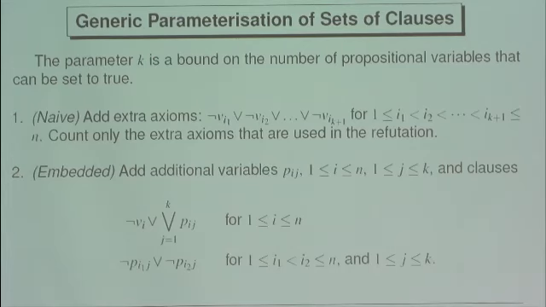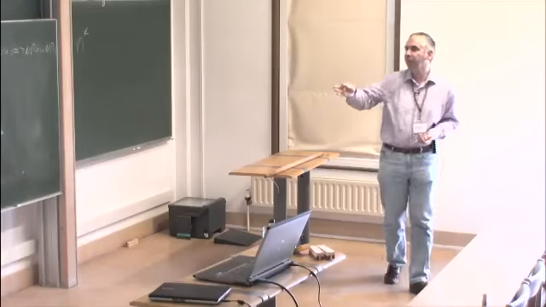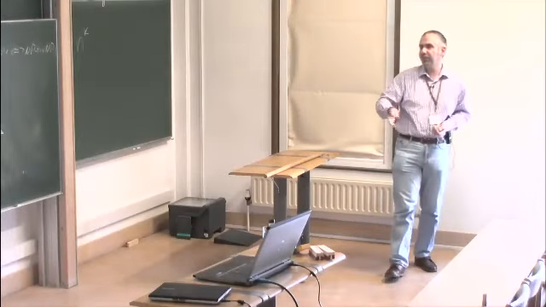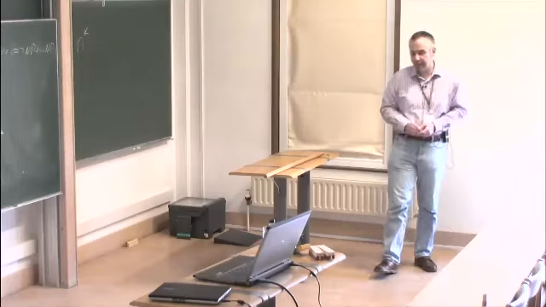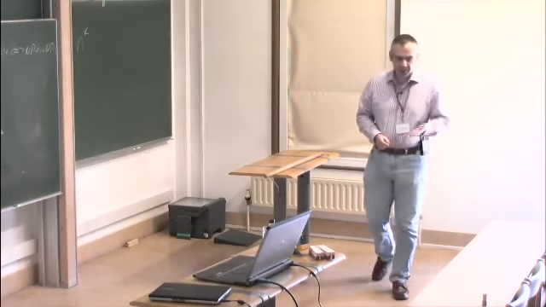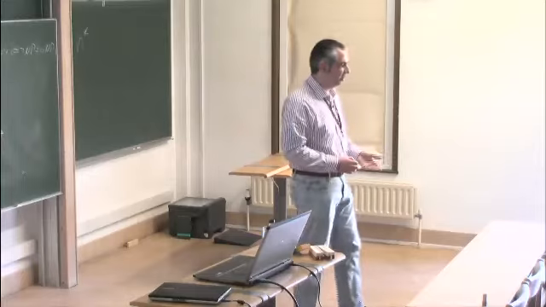And obviously that would constitute a contradiction if there were more than k variables set to true. But that has the disadvantage of adding some extra variables. And those extra variables encode the map from the variables that have been set to true to that set of size k.